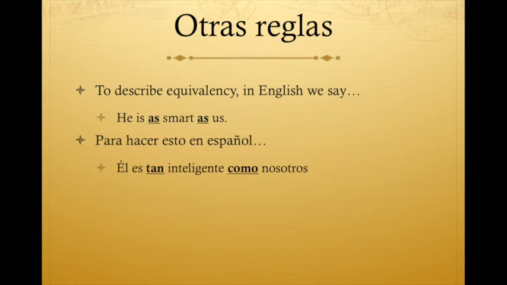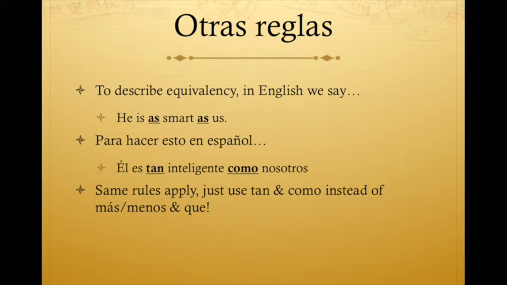In Spanish, in order to do this, we need to use the words tan and como. So él es tan inteligente como nosotros. Where both tan and como in this instance mean as. The same rules apply, just use tan and como instead of más or menos and que. So instead of más que, instead of menos que, to express equivalency, you use tan and como.